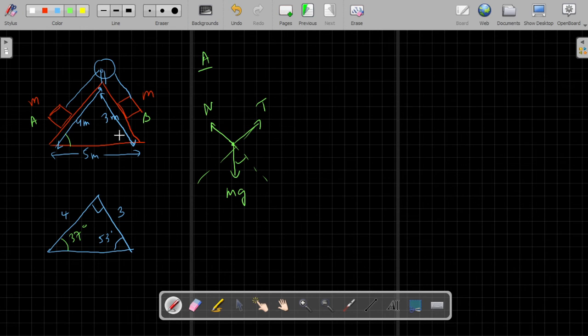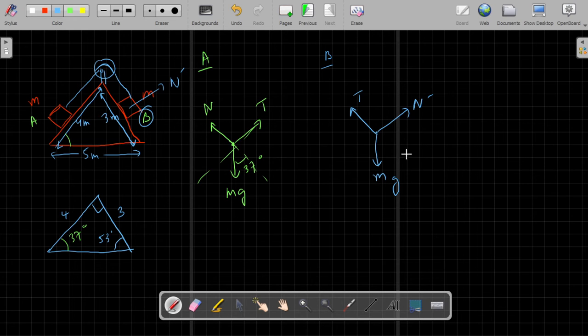This angle, drawn in green, is 37 degrees. For block B, gravitational force is mg, the mass remains the same, normal reaction N dash, and tension T. The normal reaction would be different, but the tension would be the same since the string remains the same as it goes over the pulley.